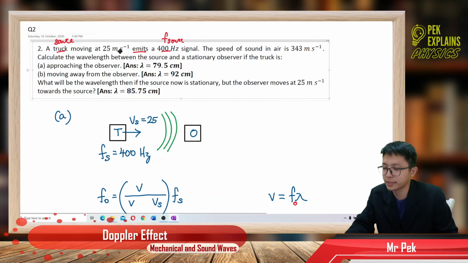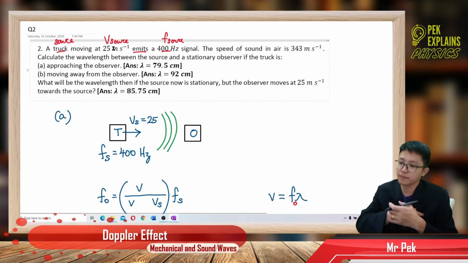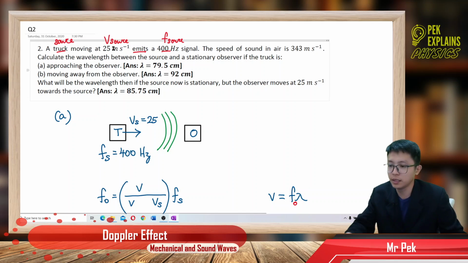And 25 meters per second is the speed of the source, which means the source is moving. And this is the speed of sound, V, just V.